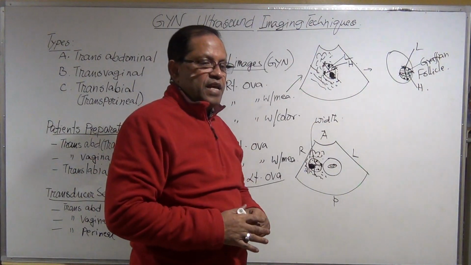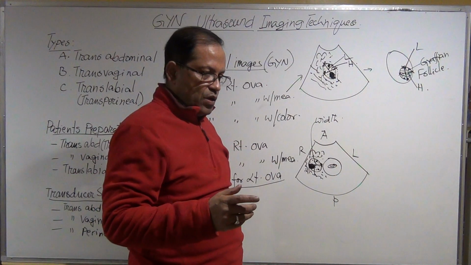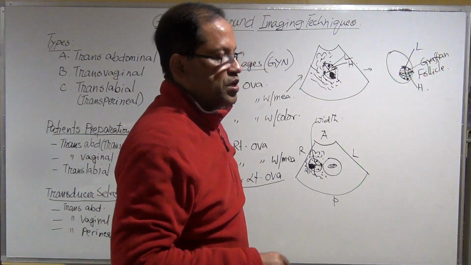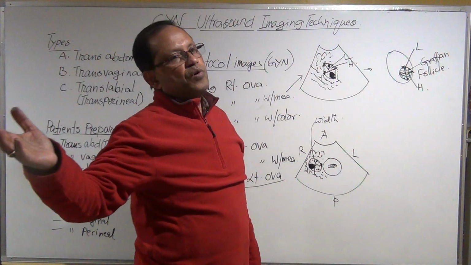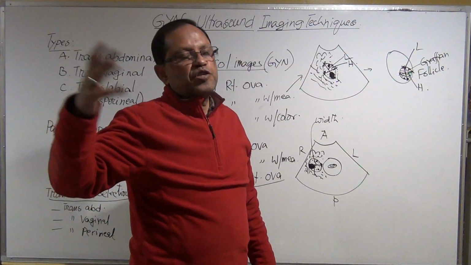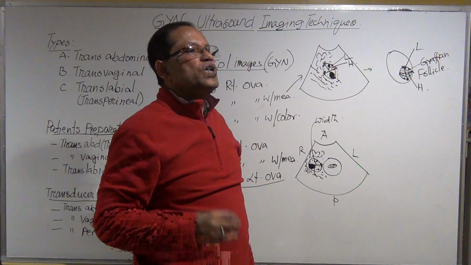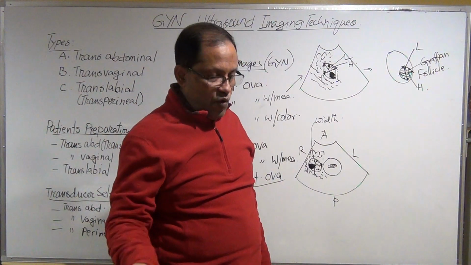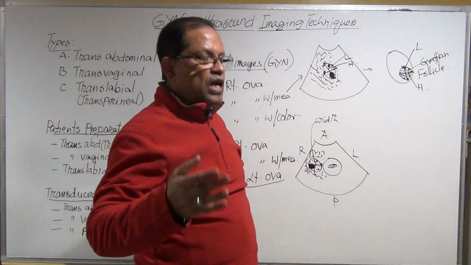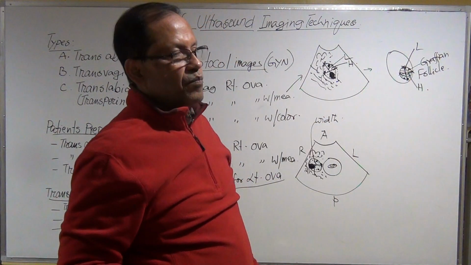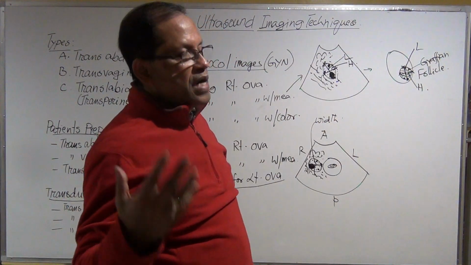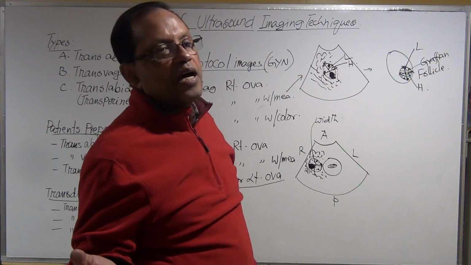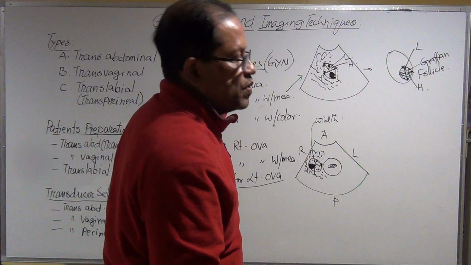Along with that, if somebody says GYN protocol with ovarian Doppler, then you will have a couple of extra images to recognize the color in the ovaries and do the Doppler to get the pulsatile arterial Doppler and the venous Doppler.